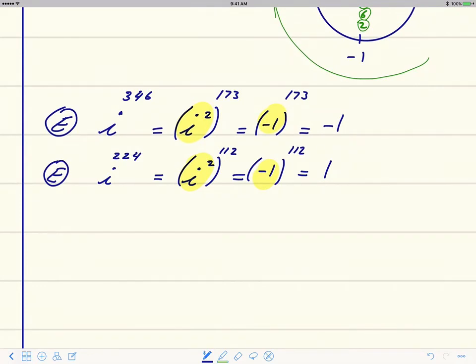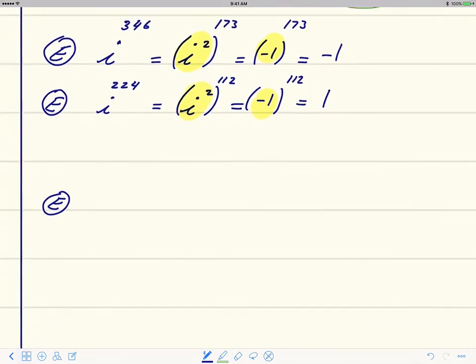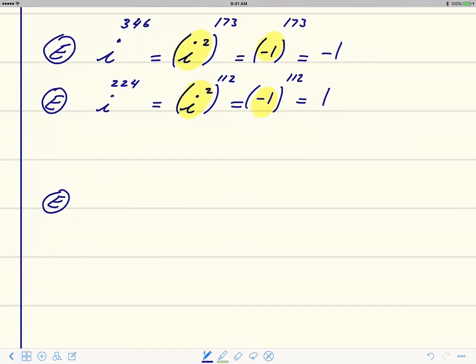So the idea is if you have an even exponent, write it as i squared to half of that exponent, and then replace the i squared with negative 1. Now, if we have odd exponents, like i to the power of 19, then you can write it as i to the power of 18, 1 less, times i.